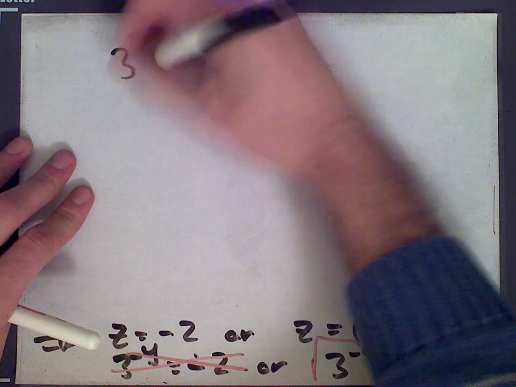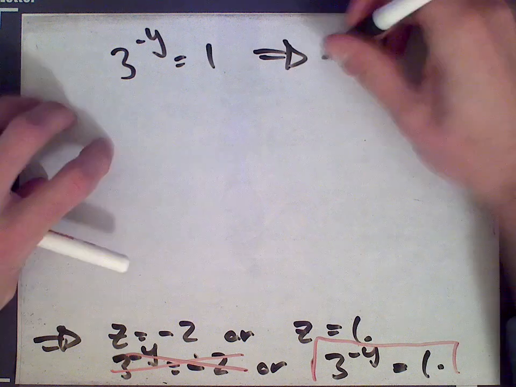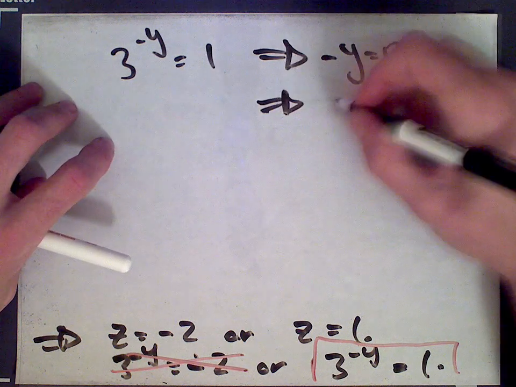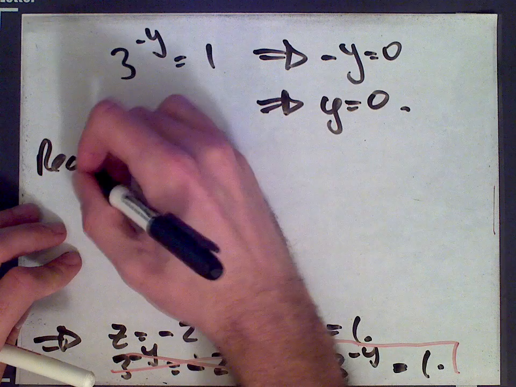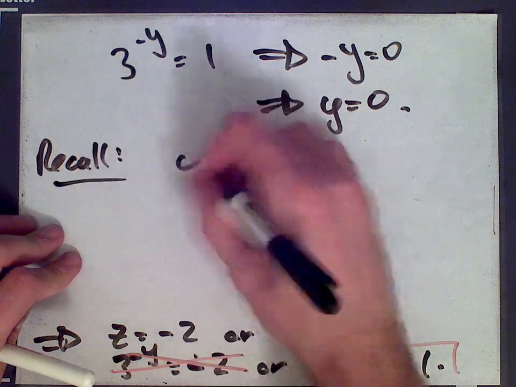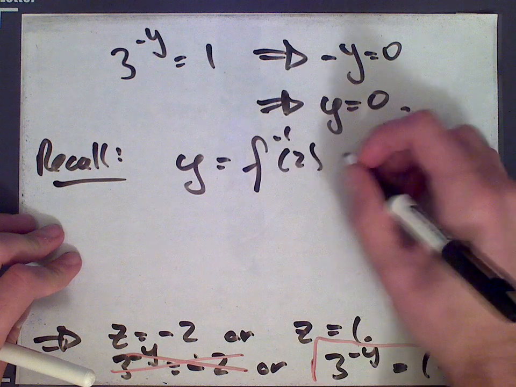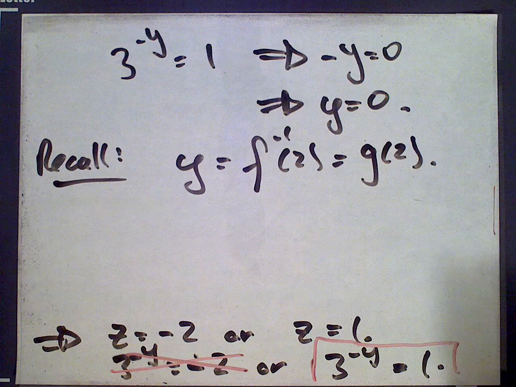Finally, 3 to the negative y equals 1 means that exponent must be 0, so negative y must be 0, and hence y itself must be 0. And recall from before how we set this up. Y is equal to f inverse of 2, which is g of 2. Okay, so g of 2 is 0.